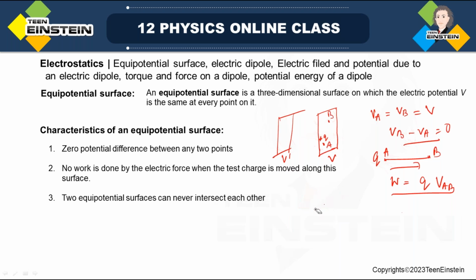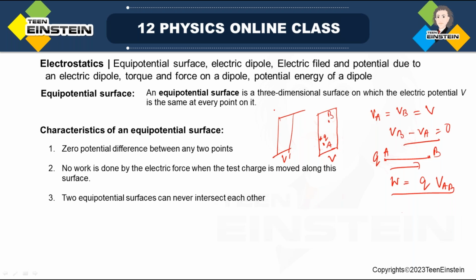So at the same point there must not be two different potentials. That's why these equipotential surfaces will always be parallel to each other. I'll tell you when I discuss different types of equipotential surfaces.